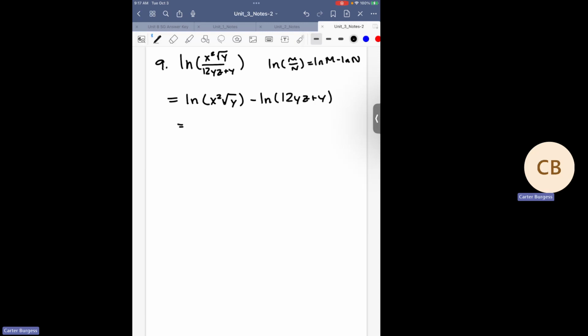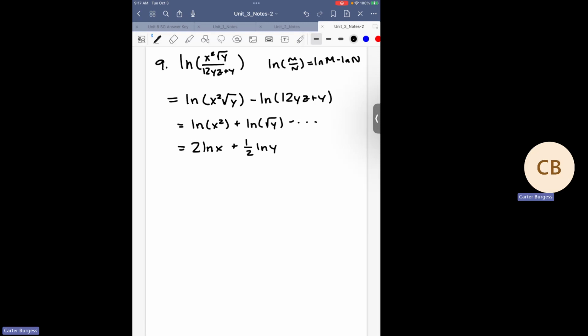In particular, this is the ln of x squared plus the ln of the square root of y, minus all that same stuff. Using my power rule, dropping down the 2, and thinking of the square root as to the 1/2, this is going to be 2 ln of x plus 1/2 ln of y.